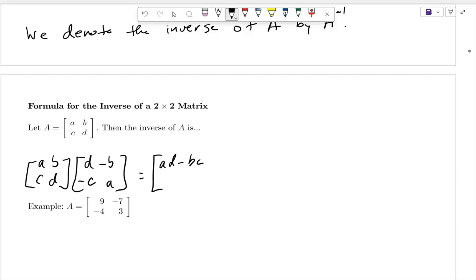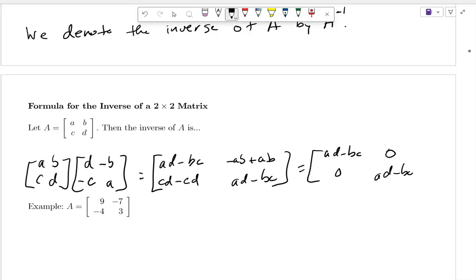What do you get in the upper right? Yeah. We get 0 in the upper right, don't we? What do you get in the lower left? Yeah, I get another 0, don't I? Because I get CD minus CD. And what do you get in the lower right? Yeah, I get AD minus BC again, don't I? So notice that if we simplify, I've got AD minus BC, 0, 0, AD minus BC.